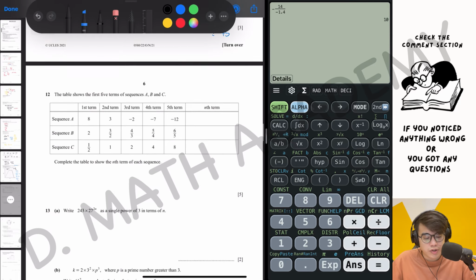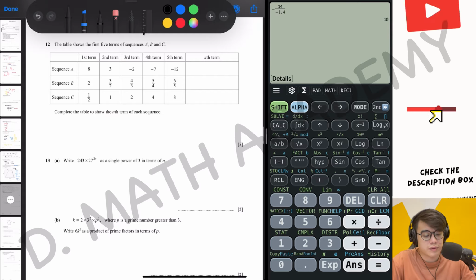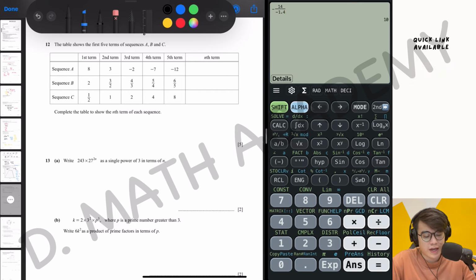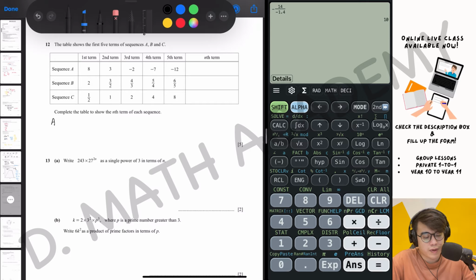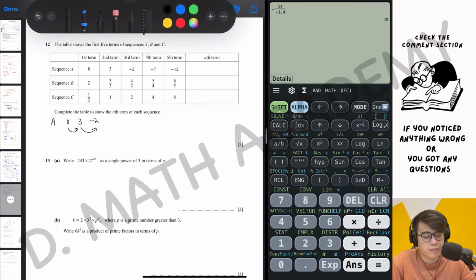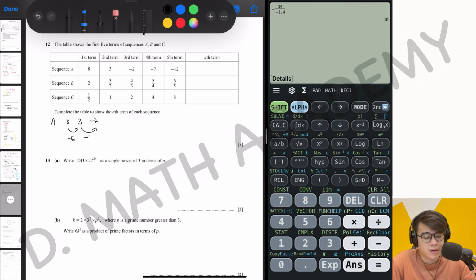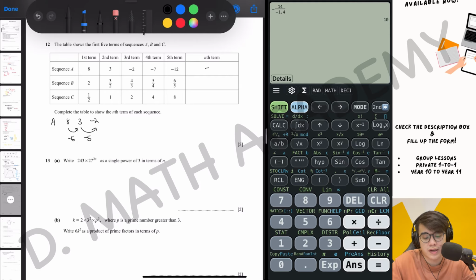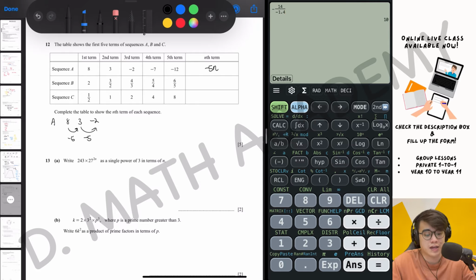Moving on to question 12, we have our sequences question here. So from sequence A, it went from 8 to 3 to negative 2. So from this, I know that during each step, it will minus by 5. If the change is constant, it means that it's an arithmetic sequence. So immediately I can put in negative 5 pairing up with an n here.